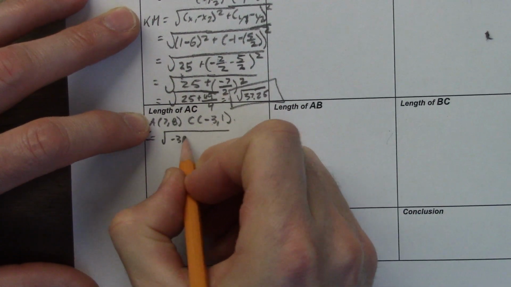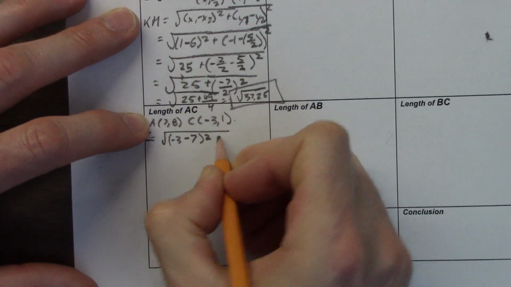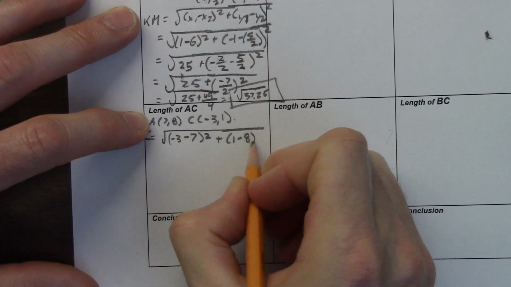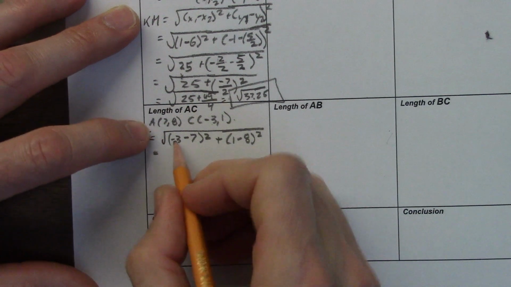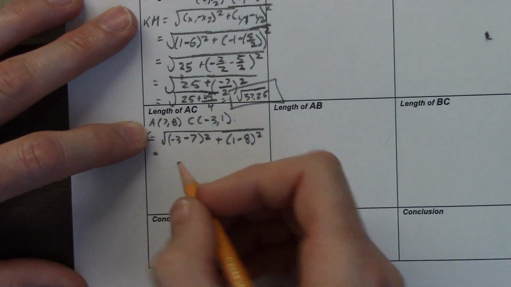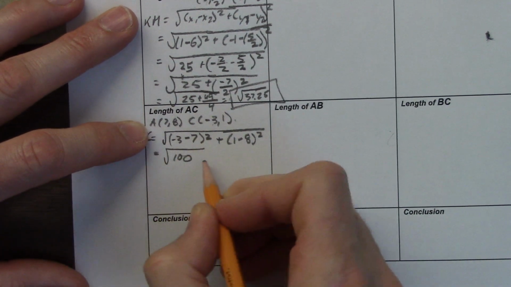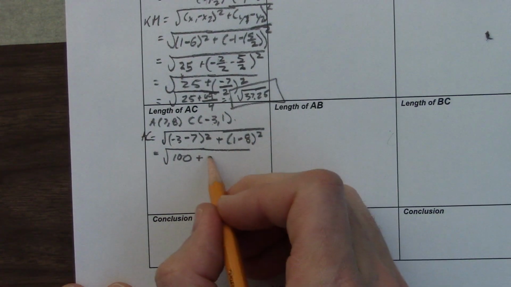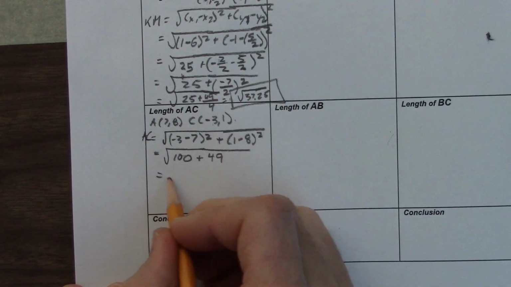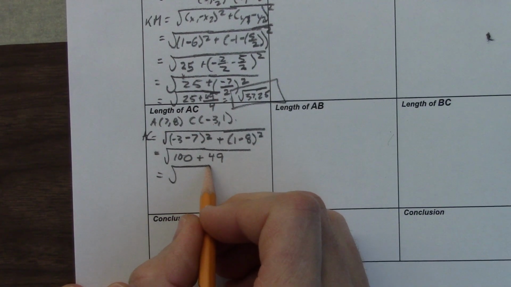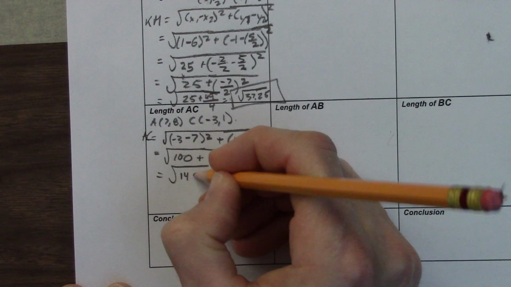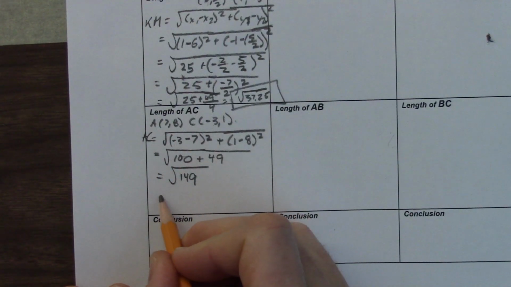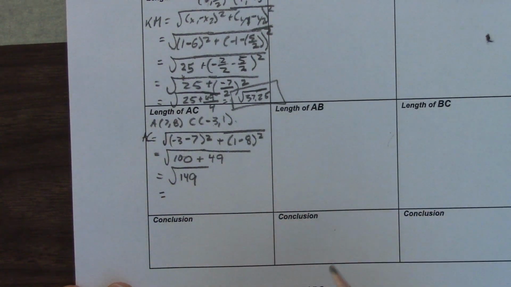So we get -3 minus 7 squared plus 1 minus 8 squared. So this is -10 squared is 100 plus, and then we have -7 squared is 49. So we get the square root of 149.